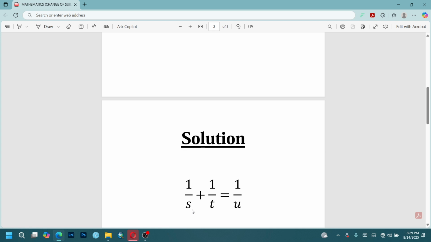The LCM is the least common factor that can go through each of the factors here, the s, t, u, and that is STU. So STU can enter all the variables here, which is s, t, and u. So our LCM is STU.